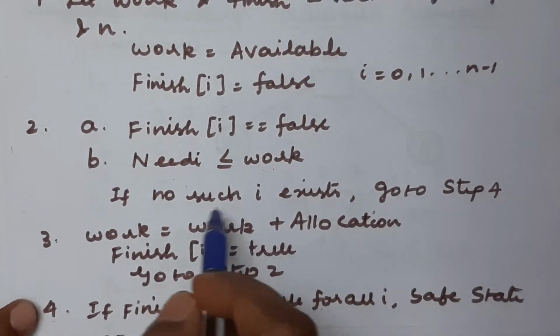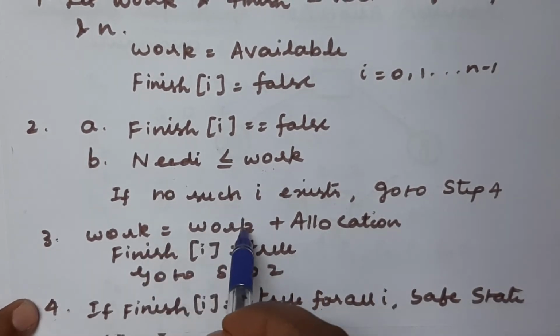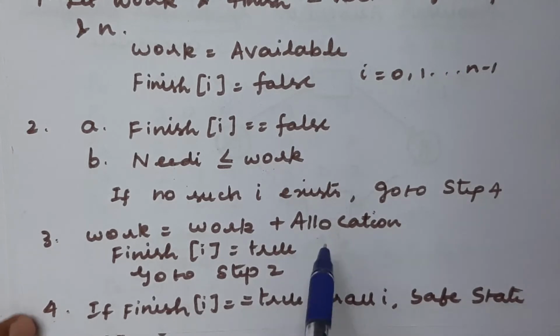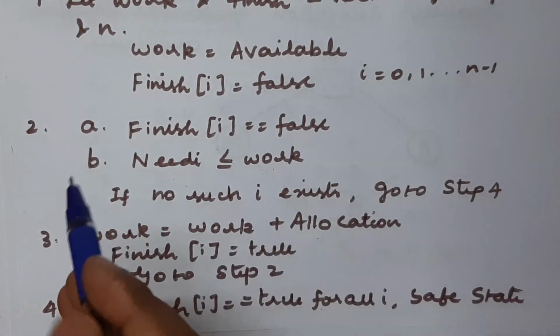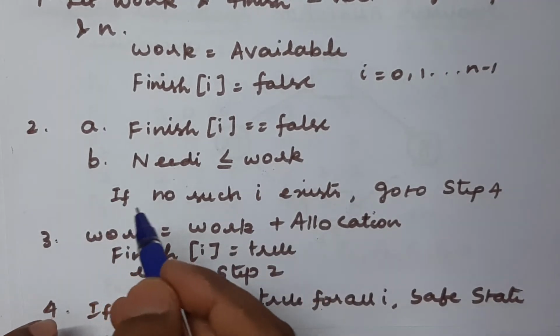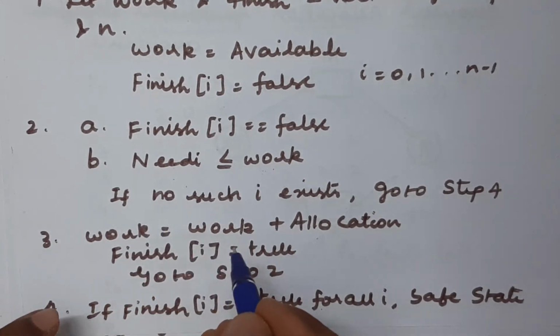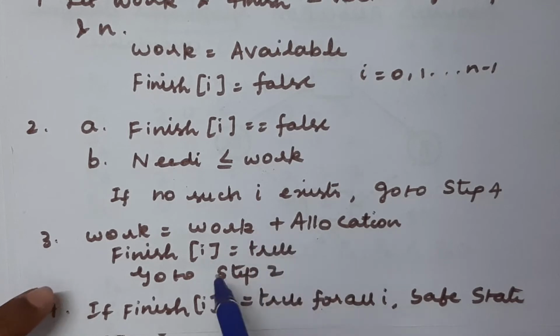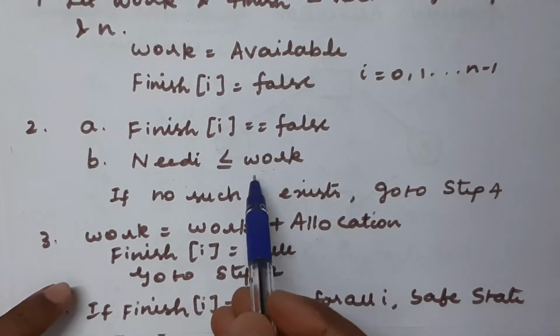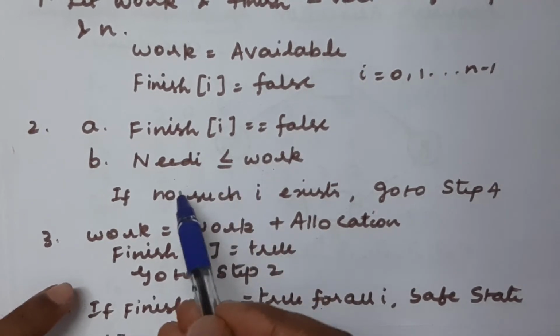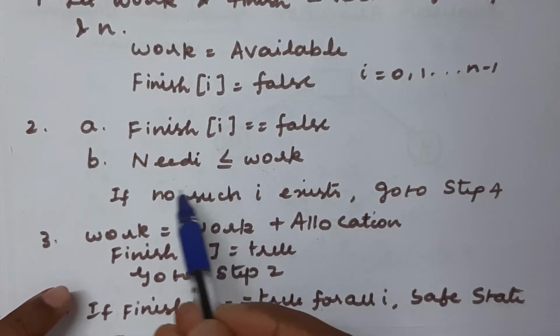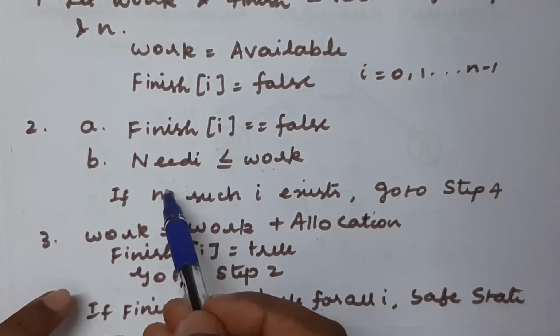Okay. Next, third step: work equal to work plus allocation. So we take one of the processes, and we check whether its need is less than or equal to work. If so, then we can proceed. We allocate the additional requirement of that particular process, based on the value of need.